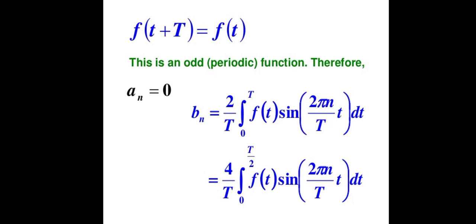This is an odd function, so an is equal to 0. Then bn is equal to 2 upon T, integration of 0 to T of f of t sin 2 pi n t divided by T into dt. Then 2 upon 2 is common, so 2 into 2 is 4, 4 upon T integration of 0 to T upon 2 of f of t sin 2 pi n t upon T dt.